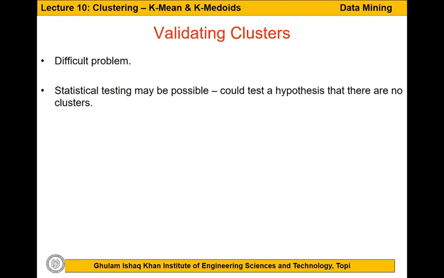Validation, once you have obtained the clusters, is a challenging task, but in the previous lecture I already told you that there are cluster validity indices like DBI, Silhouette coefficient, Dunn index, Davies-Bouldin index. So these indices can be computed to verify the results, right?